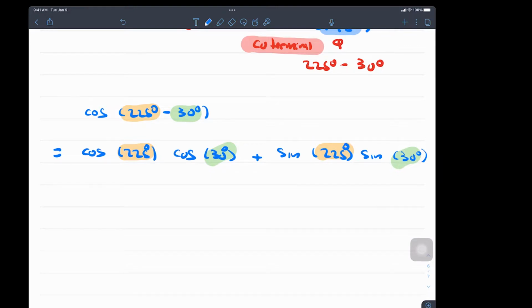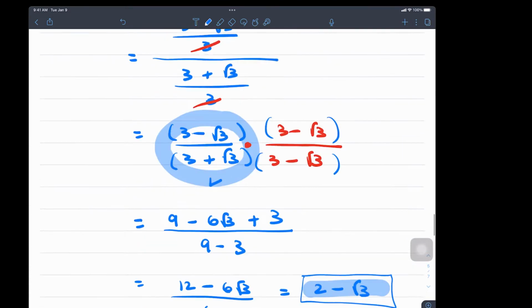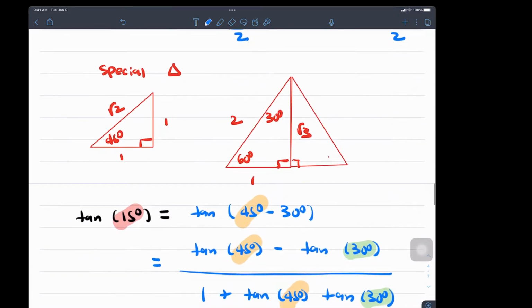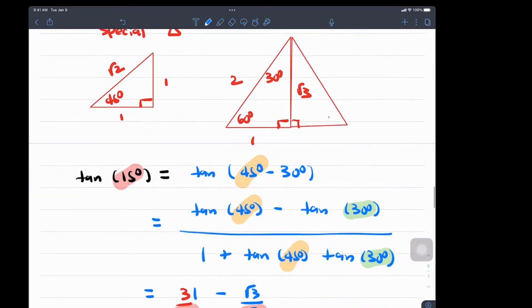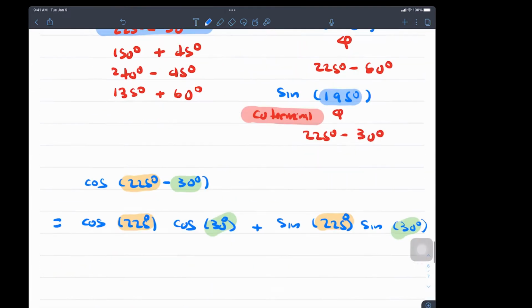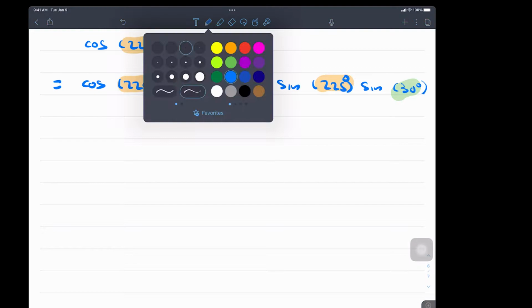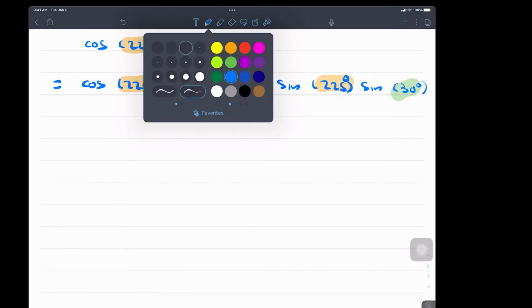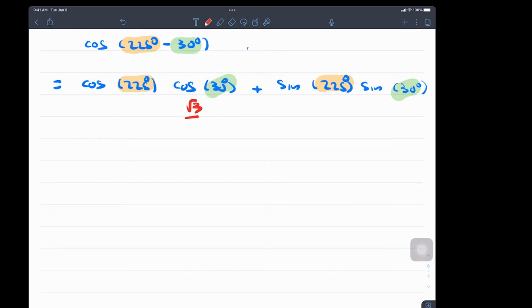And so you might say, I can get cosine 30 pretty quick. Go back to your special triangle, right? What's cosine 30? Square root of 3 over 2? So I could get square root of 3 over 2. And this is 1/2, I think? Is that true? Sine 30?